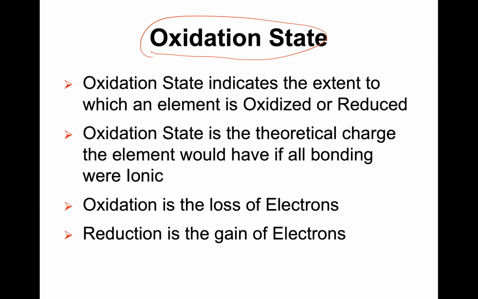For example, for the carbon atom, if we combust charcoal, or burn the coal, with oxygen, depending on the combustion conditions, with an excess amount of oxygen or not, you may have either carbon monoxide or carbon dioxide. In this case, for simple elements, the oxidation states are zero, right?